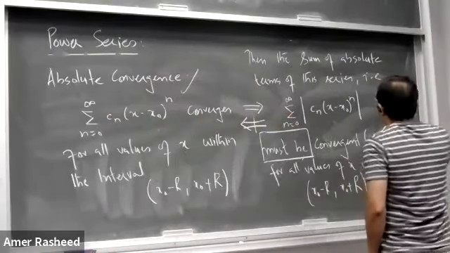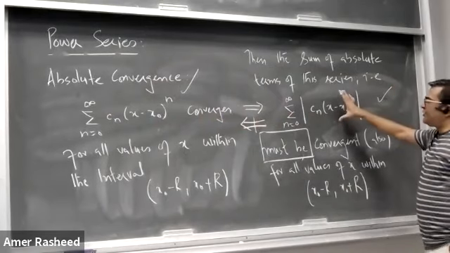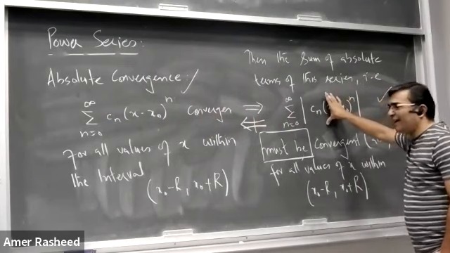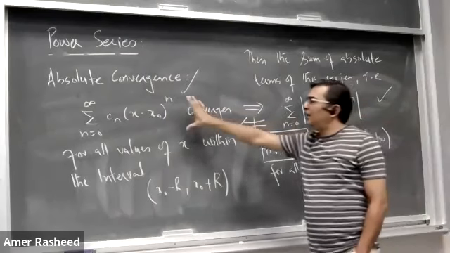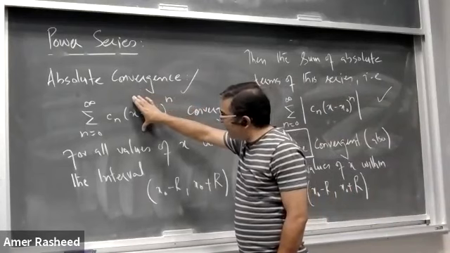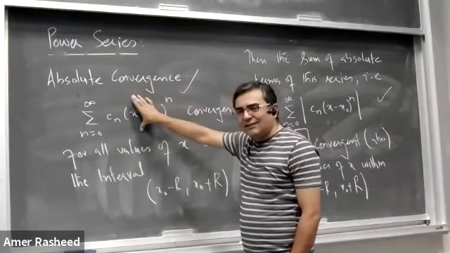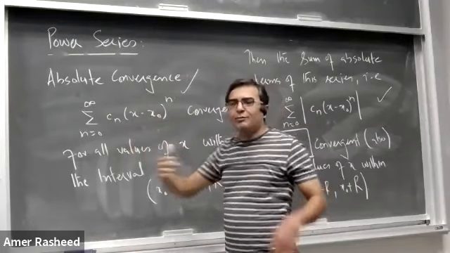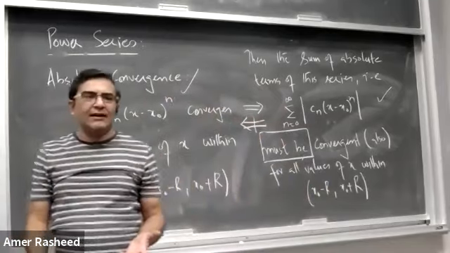So this is why we are discussing these things. Now, checking the convergence of this series is possible, but it is very difficult because it doesn't have absolute values. It could be an alternating series, with plus and minus signs.